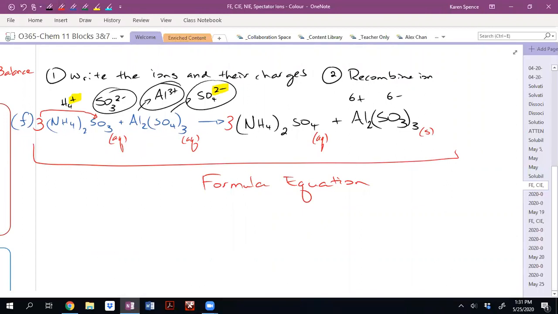What do we do for our complete ionic equation? Separate them all, except for the solid. Yep.